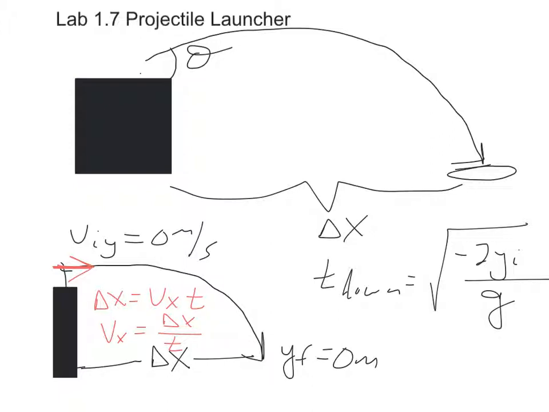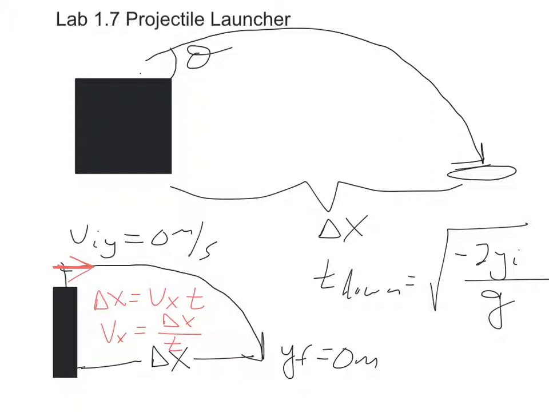And if I always have the velocity in the x direction, then I can use that as essentially my initial launching velocity. That's the velocity that the projectile actually leaves the projectile launcher, which is what I need to solve my problem for any angle. So that's like the first big thing.